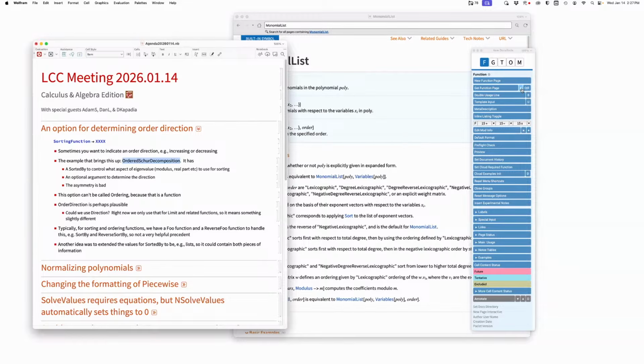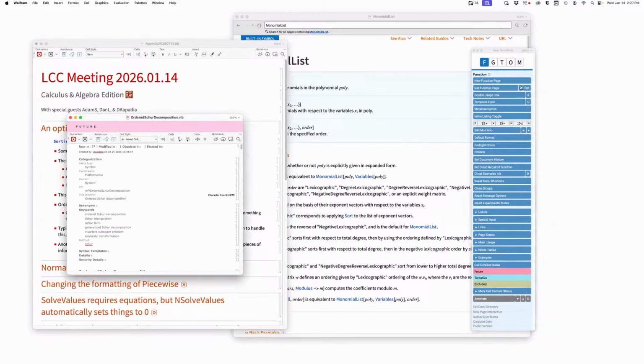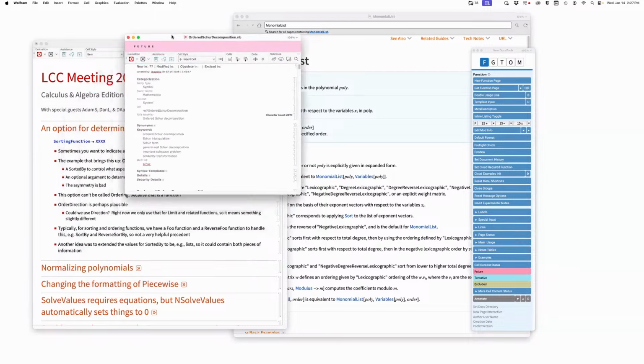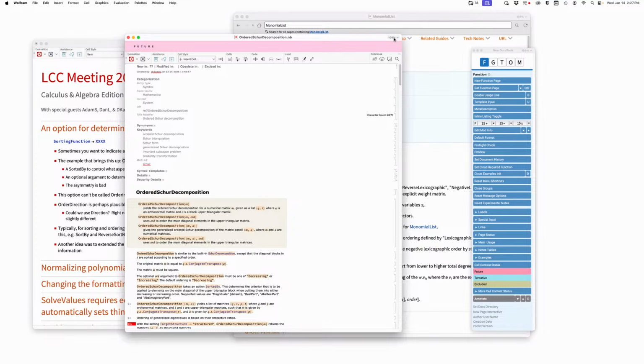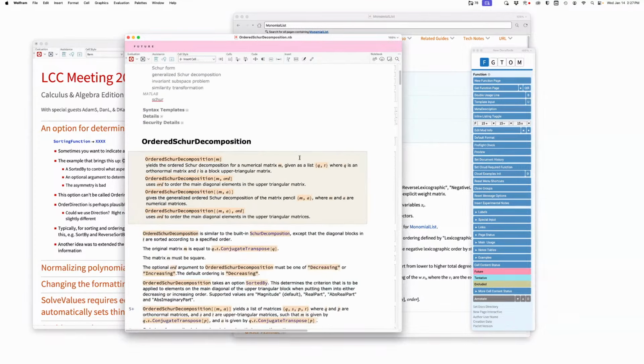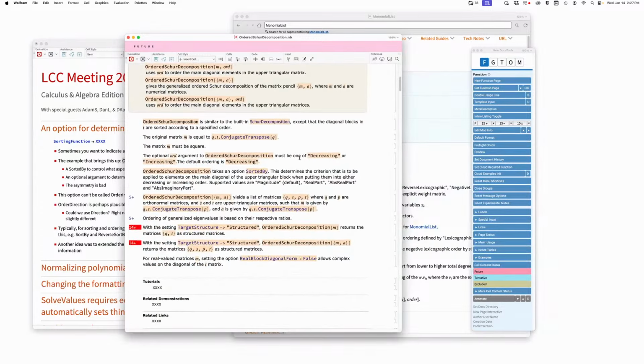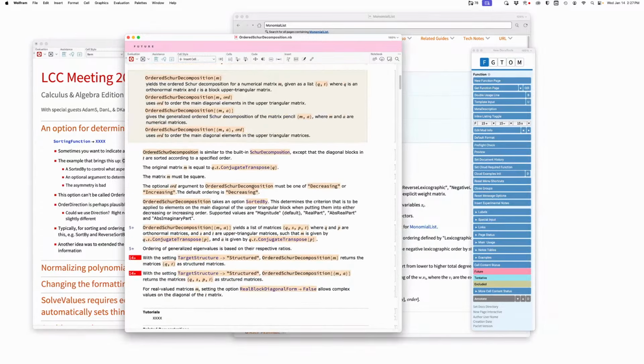The basic point is, maybe the mistake was that we have a SortedBy option. You don't have the latest version, but that's fine. I made a few edits and I marked it as experimental. It has this optional argument, order, which can be increasing or decreasing.